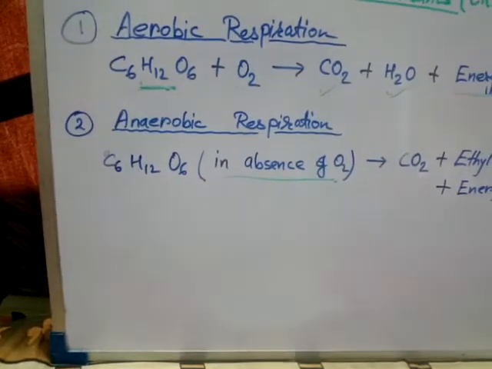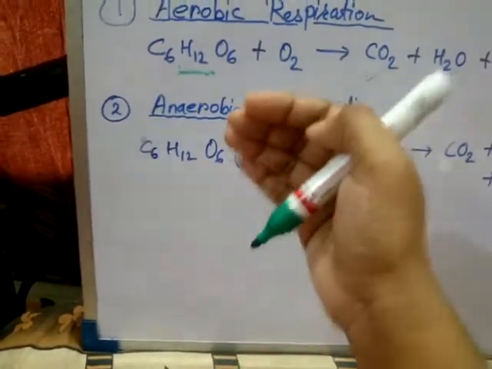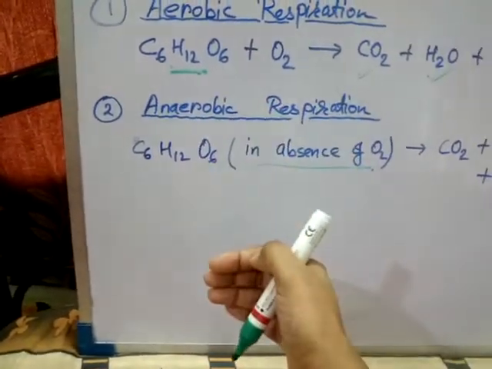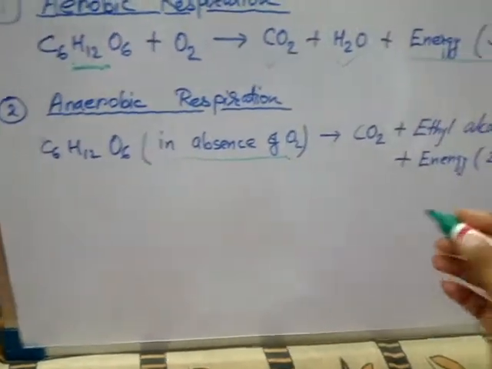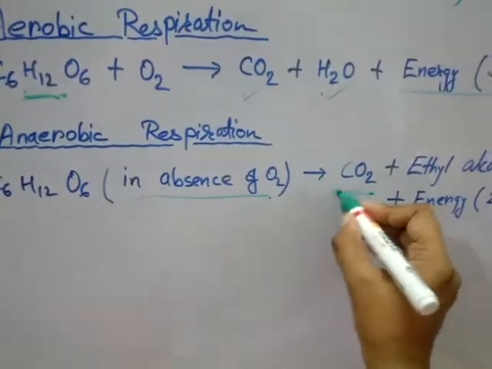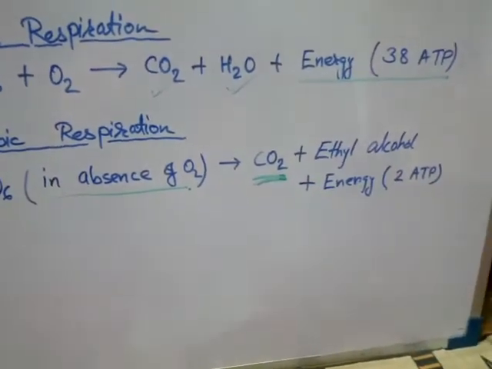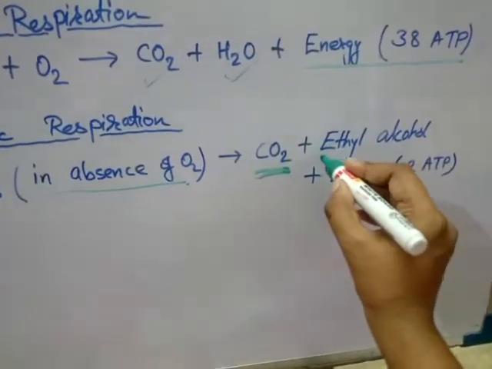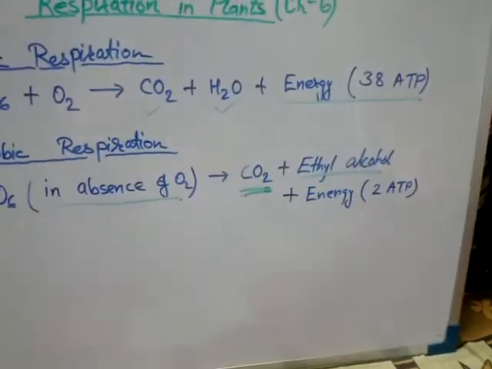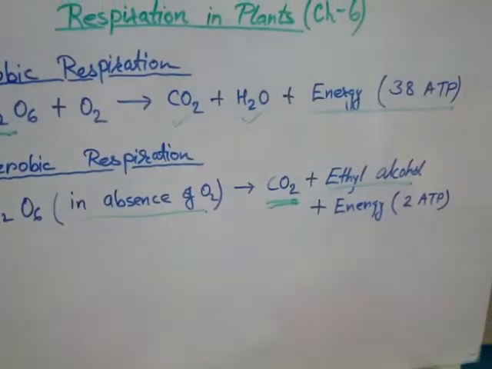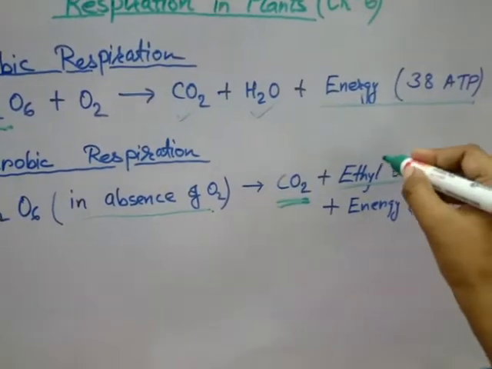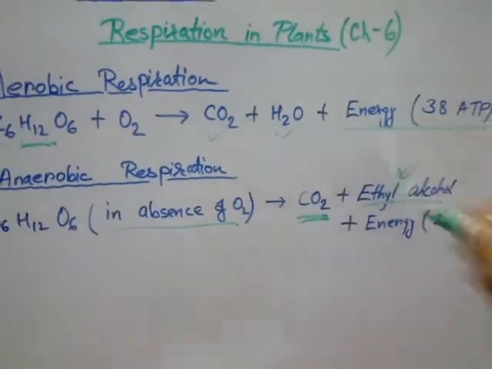Rather, glucose is oxidized and it results in the release of carbon dioxide. Then another important substance is ethyl alcohol. See this one, this is ethyl alcohol or lactic acid. This is the main difference between the two.